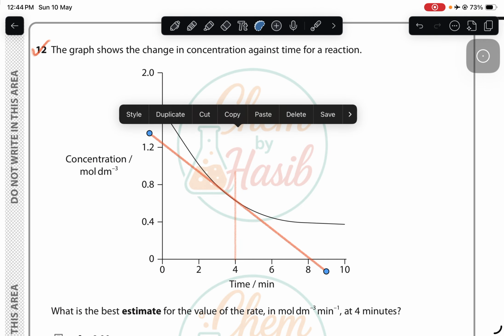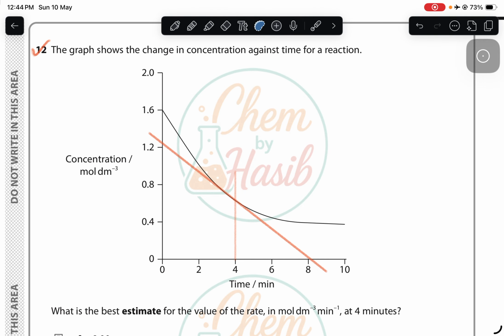So if you draw a tangent at 4 minutes, the approximate best estimate will be 1.2 divided by 8, right? Since it's just an estimation, you write 1.2 divided by 8.